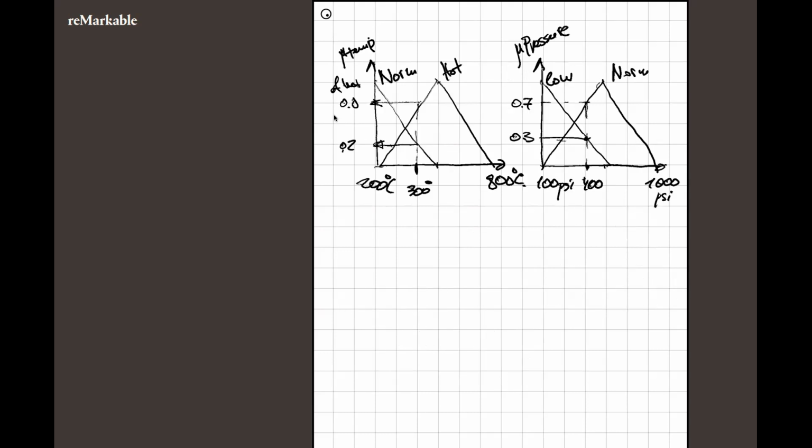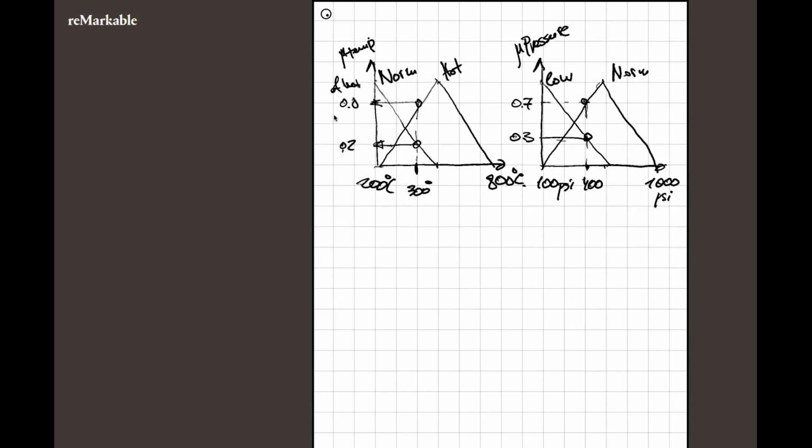So in this very simple case with two variables, and this particular crisp input, we have four distinct cases. The temperature can be normal or hot, and the pressure can be also low or normal.